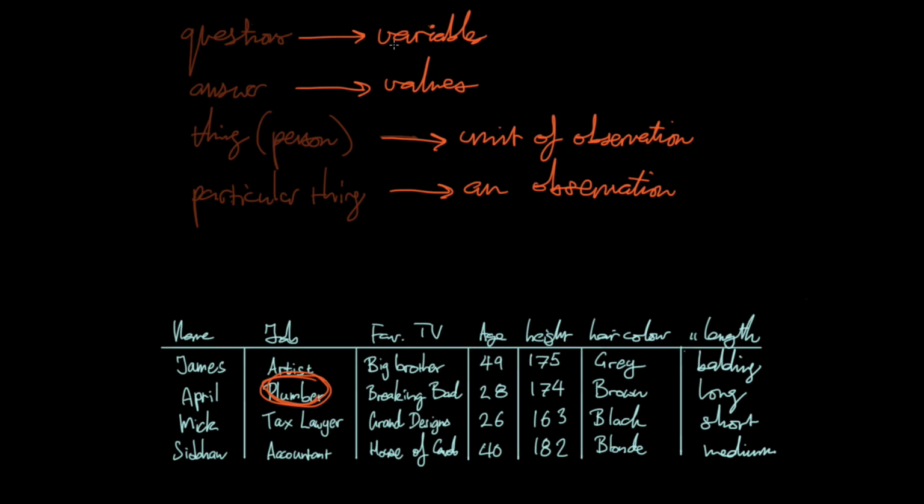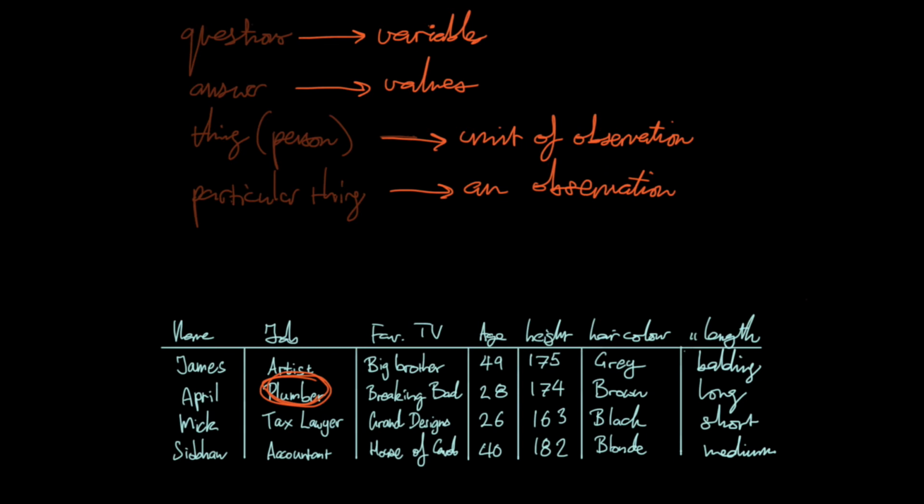Remember, variables correspond to questions. And in our rows, we have observations. In this case, our observations are particular people, but in general, they could be anything that we like. So, questions are variables, answers to those questions are values for the variables. The particular things that we're looking at are our unit of observation. A specific thing that we're looking at is an observation.